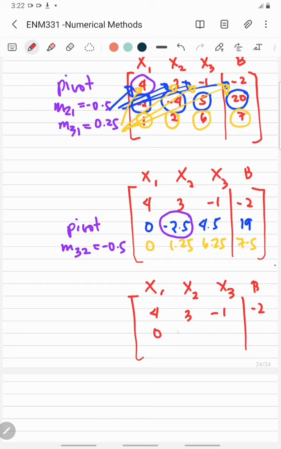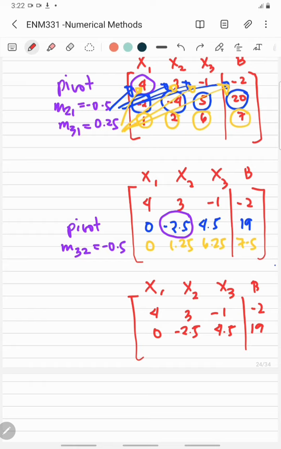So we have 0, we have 2.5, okay, and 19, because our pivot is negative 2.5 for row 2. So you have to copy the elements of the row that contains the pivot element. Okay, so we need to find the elements of the third row.